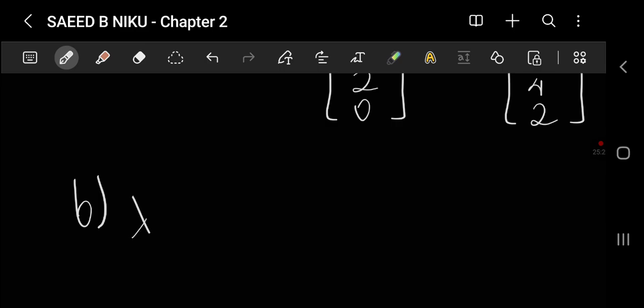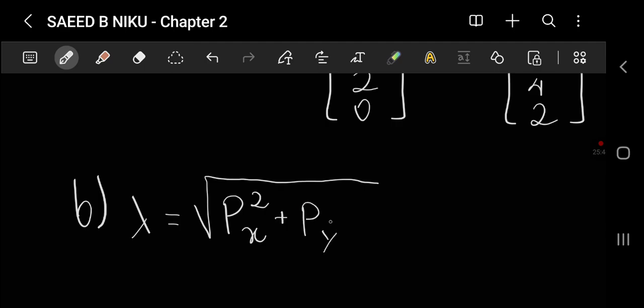So the normalized vector is lambda, and it is the square root of the sum of the squares of the three elements. So that's how you normalize a vector.